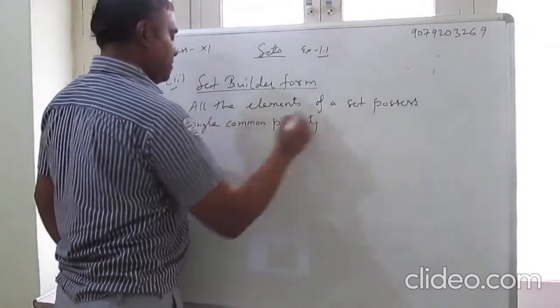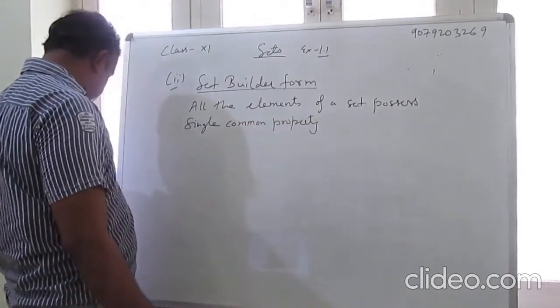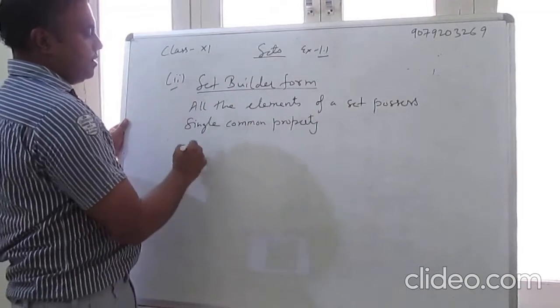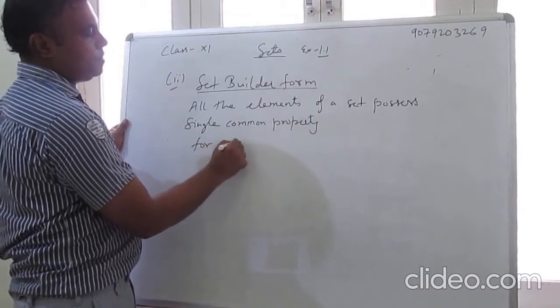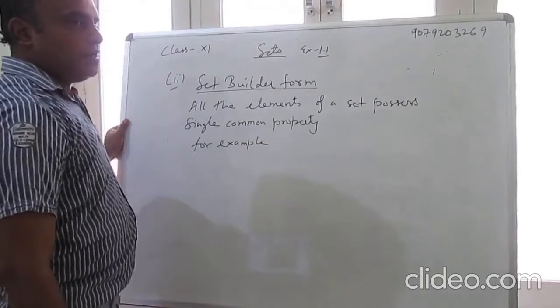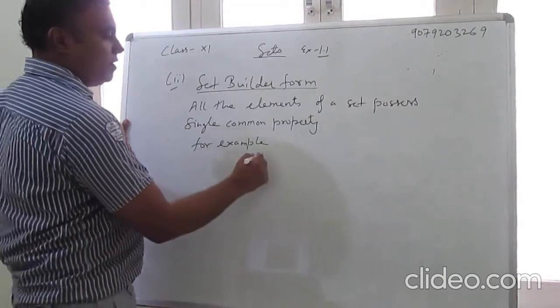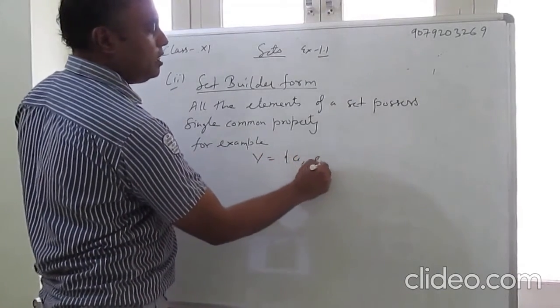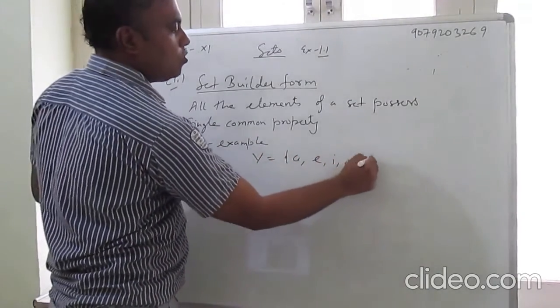All the elements of the set possess a single common property. For example, the set of vowels, you write {a, e, i, o, u}.